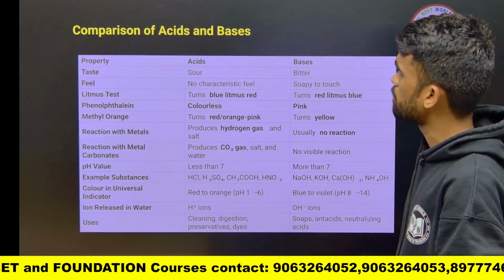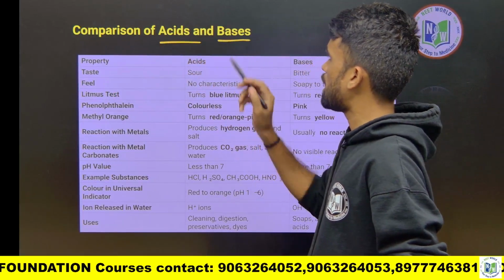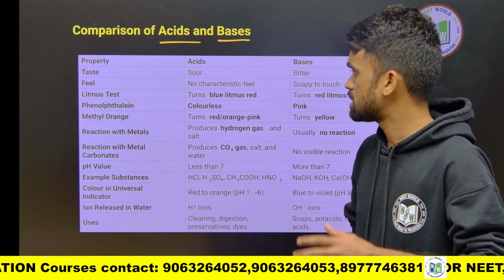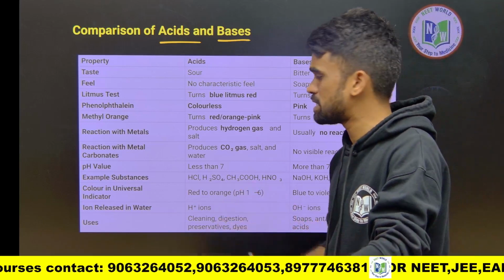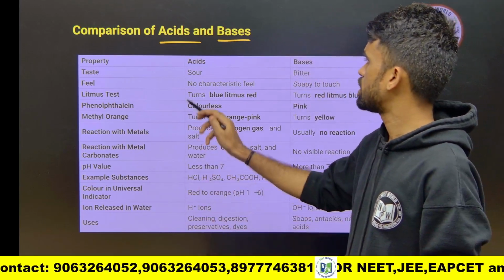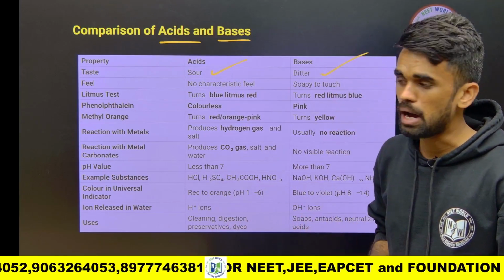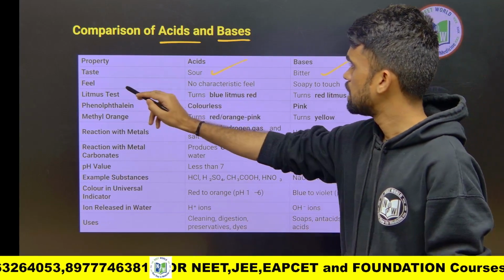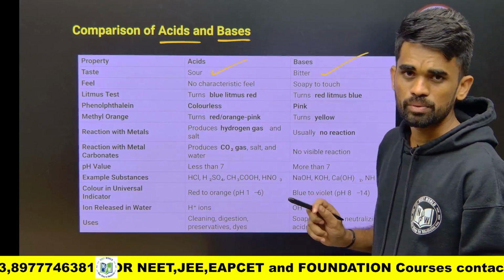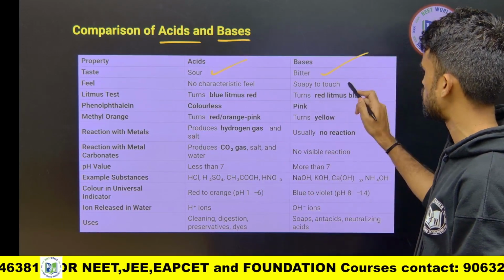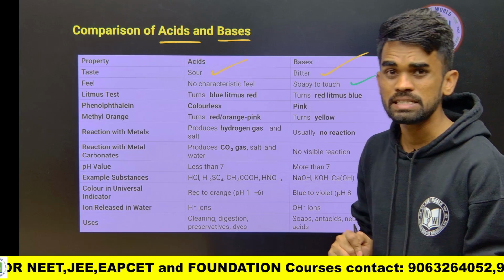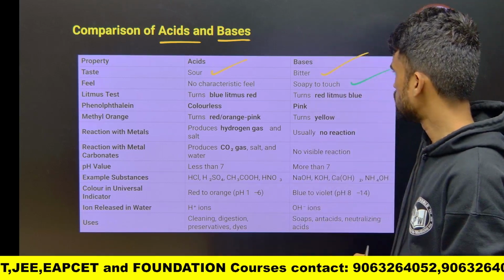Now let us have a comparison between acids and bases, comparing their properties. Taste: for acids it is sour, and for bases it is bitter. Next, feel: there is no characteristic feel for acids, but bases are soapy to touch, right?